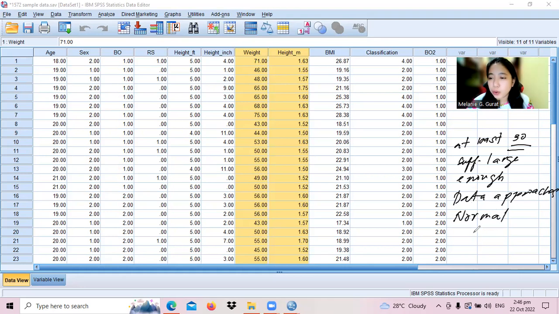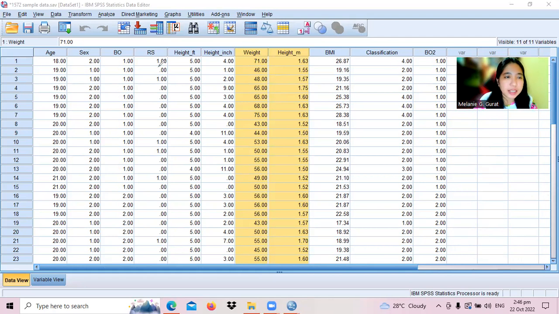So we can already conclude that since we have 35 respondents and there's no grouping, which means we will be comparing 35 data for height and 35 data for weight, then we can proceed to a conclusion that our data is normal. Therefore, we will be using Pearson-r correlation.